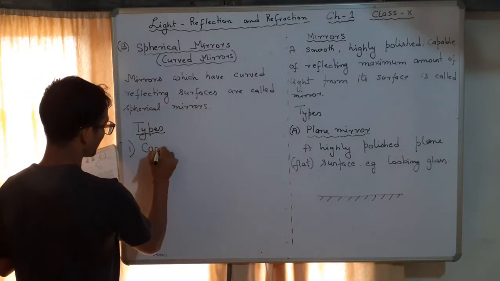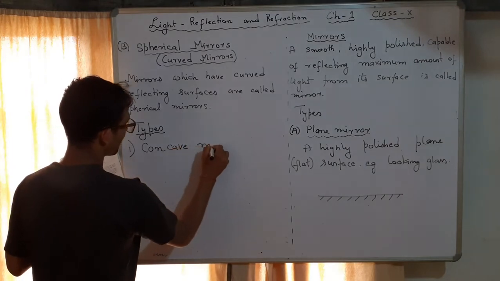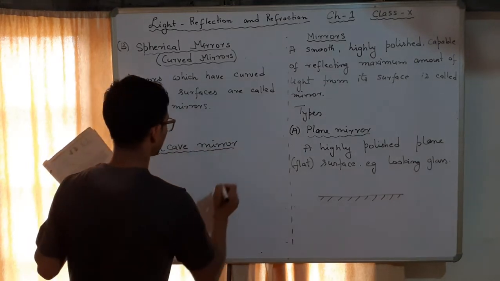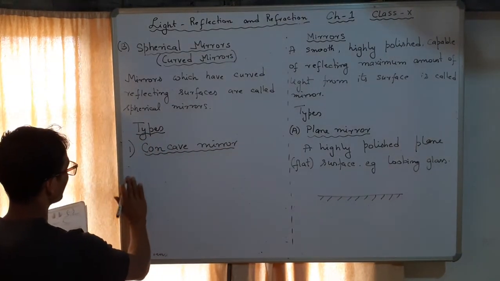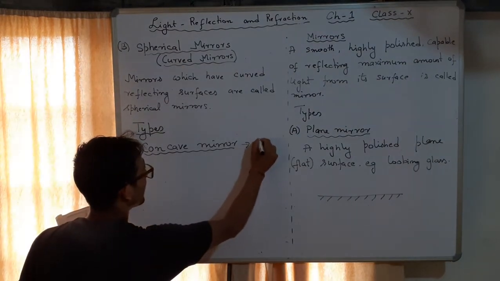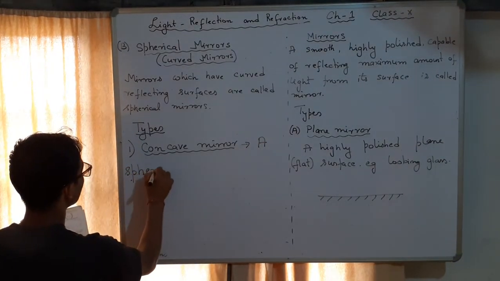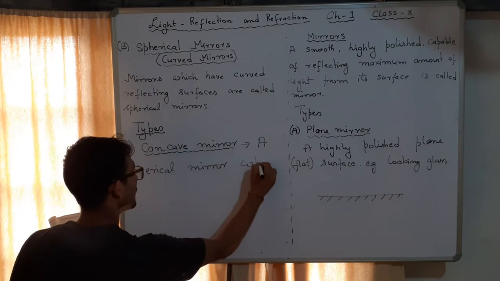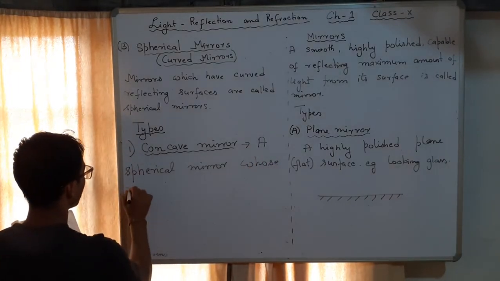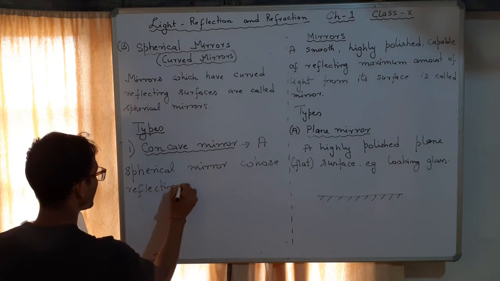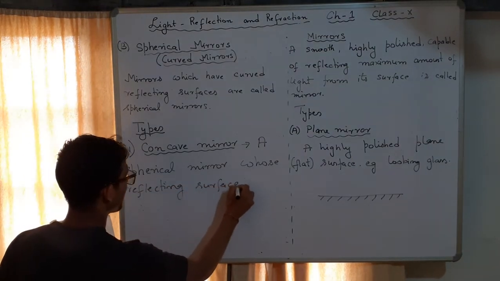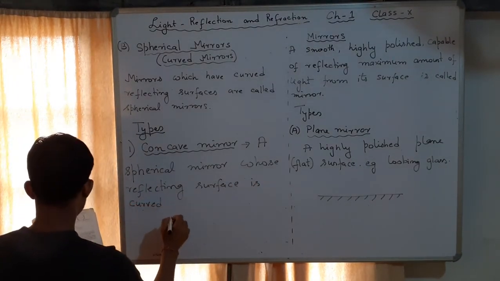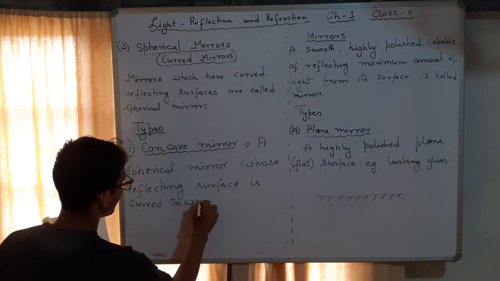Number one, concave mirror: a spherical mirror whose reflecting surface is curved inwards.